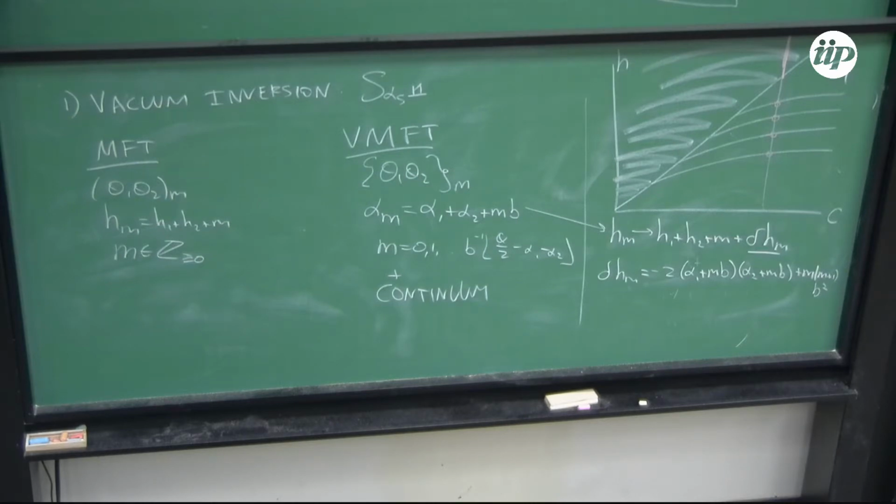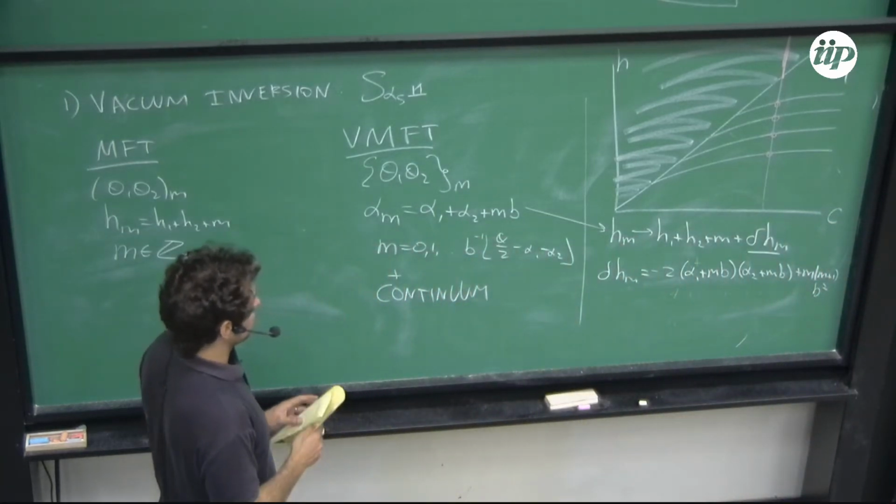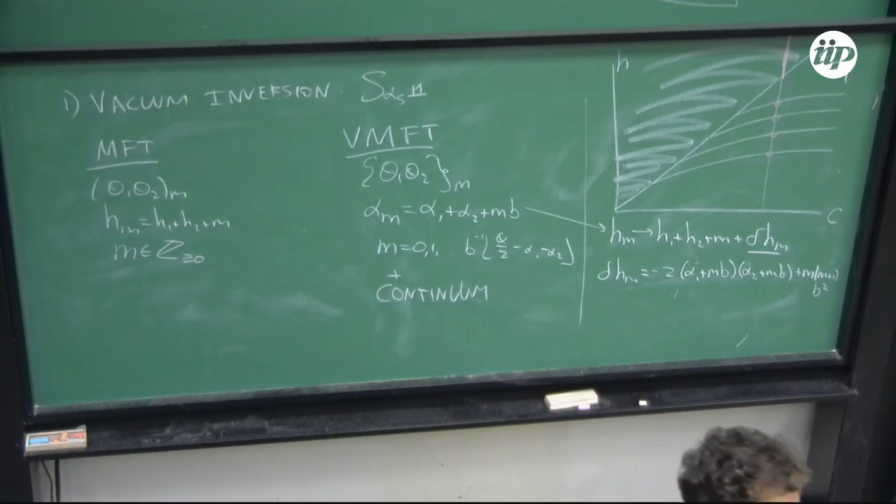The first is that if you imagine coupling a theory of gravity very simply to some scalar fields, then this is the purely gravitational contribution to the binding energy. The other statement, which is what I'll show later, is that there's a large spin universality governed by VMFT in 2D CFTs. But indeed, there are a few reasons why VMFT is not itself a legitimate 2D CFT. The first is that it has a continuum, and we like our theories to be compact.